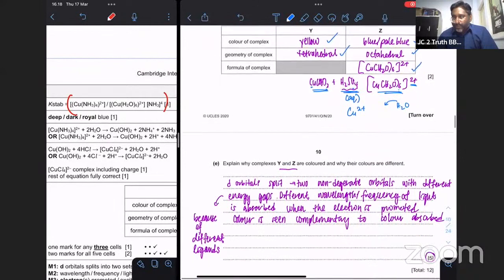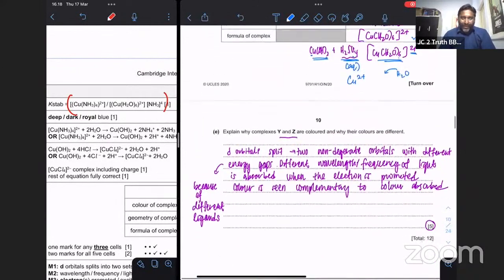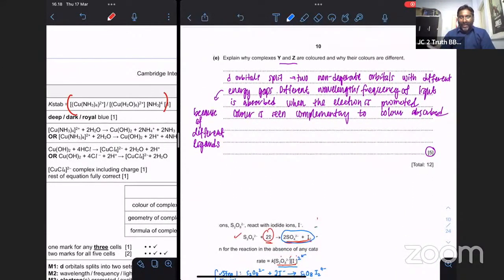Now the next part is to explain why the complexes X, Y and Z are colored and why the colors are different. Y and Z are attached by different ligands. So you need to mention the d orbitals of the complex. They split into 2 non-degenerate d orbitals, which means they have different energy levels, so they have different energy gaps because of different ligands.